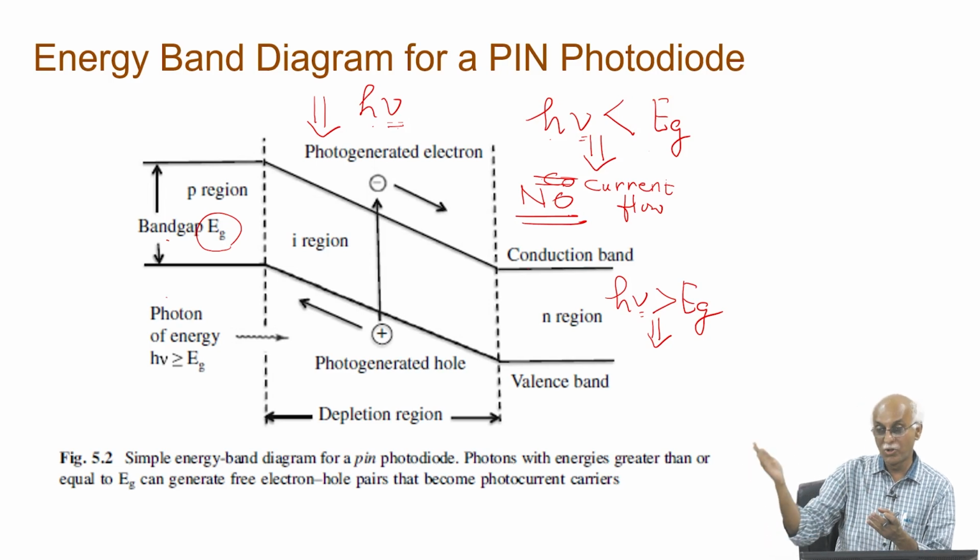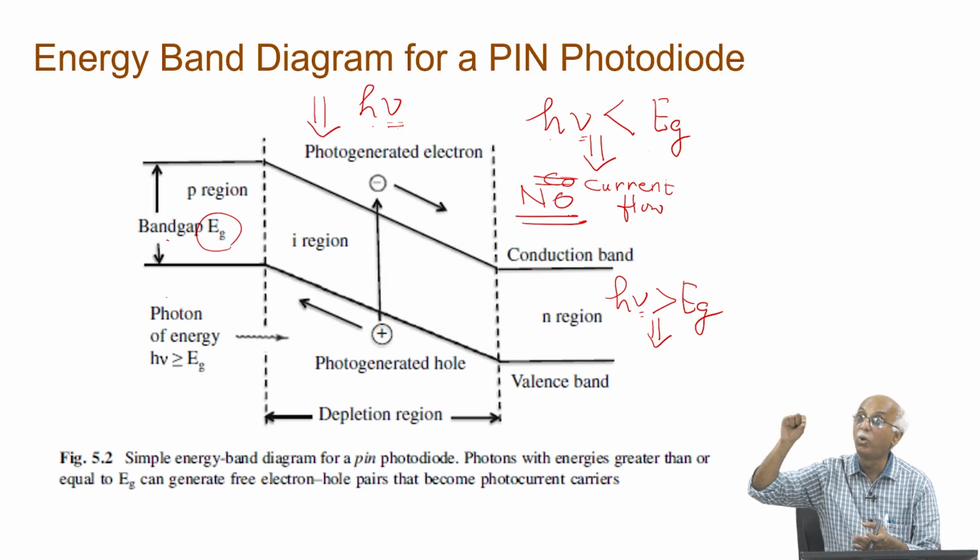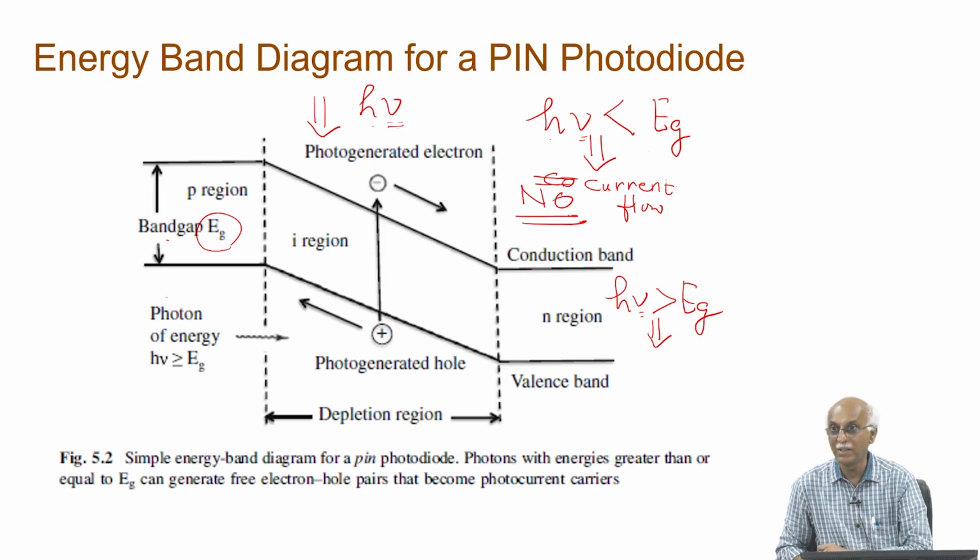On the shorter wavelength side, it may not work because the energy will get absorbed in the top layer of this material itself. Even if the electron hole pairs are generated there, by the time they travel through this region, they will get diffused and will not be able to travel. That will decide the range.